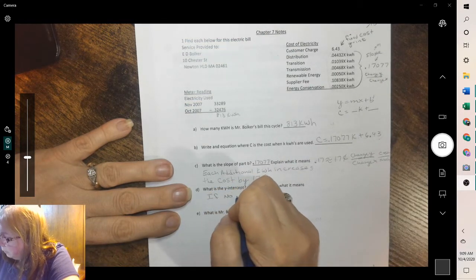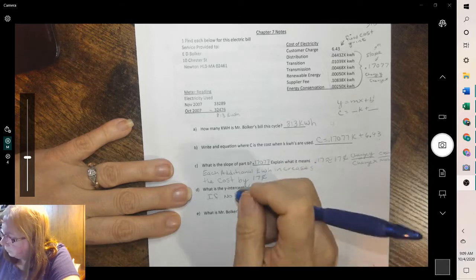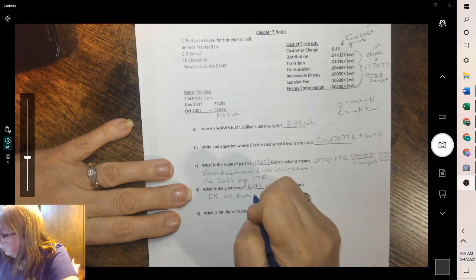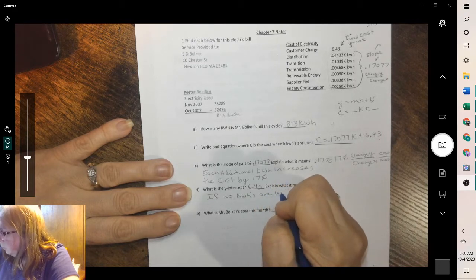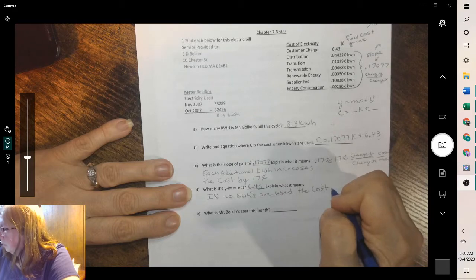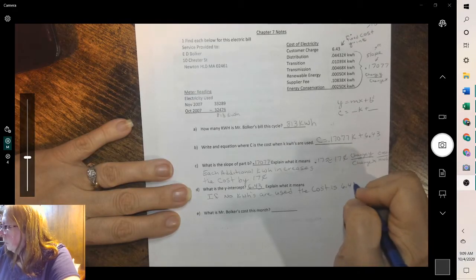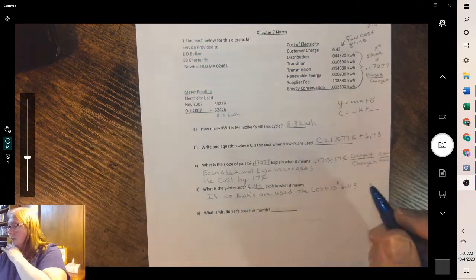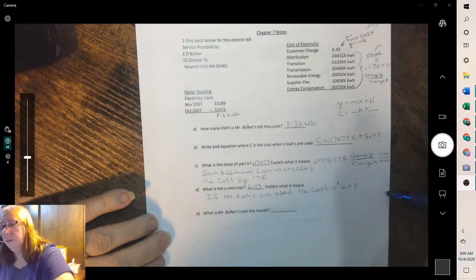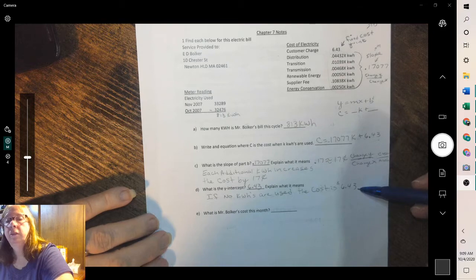If no electricity or kilowatt hours are used, the cost is $6.43. So it doesn't always make sense. In this case, it does. If you have 0 kilowatt hours used, the cost is $6.43.